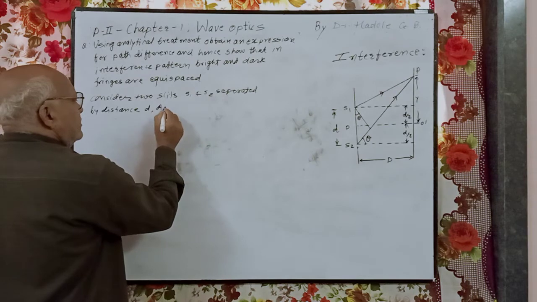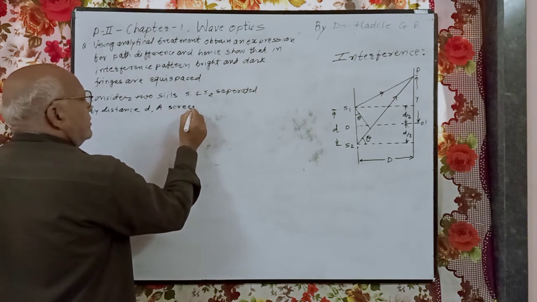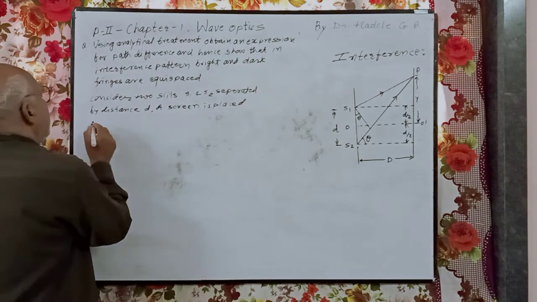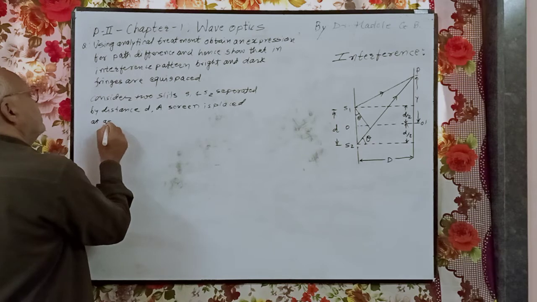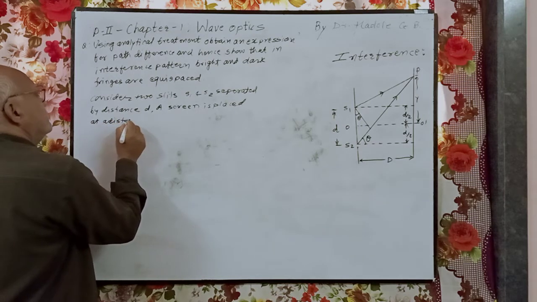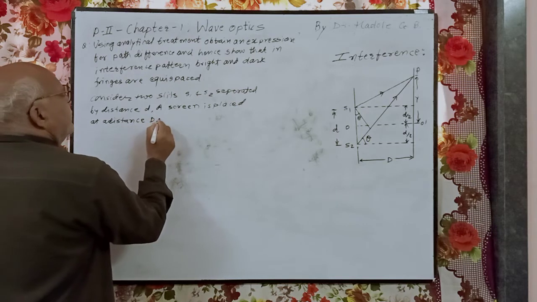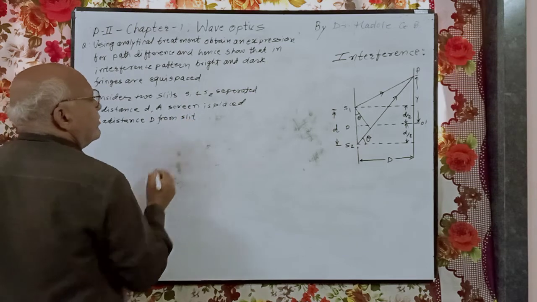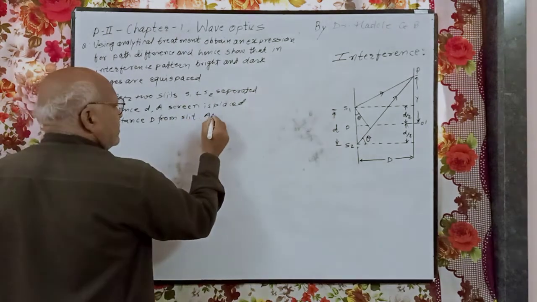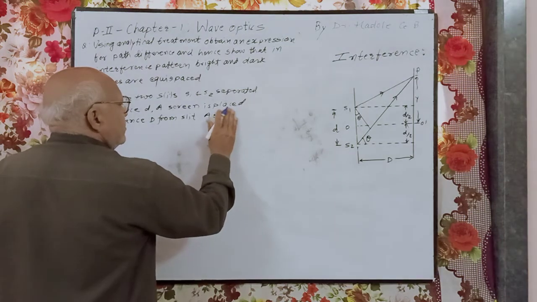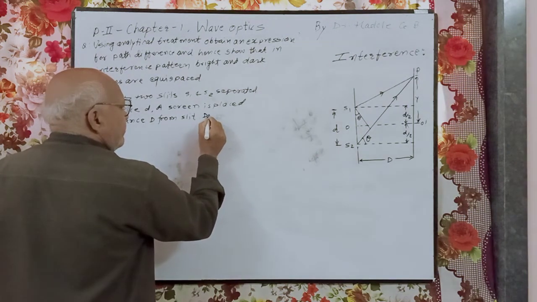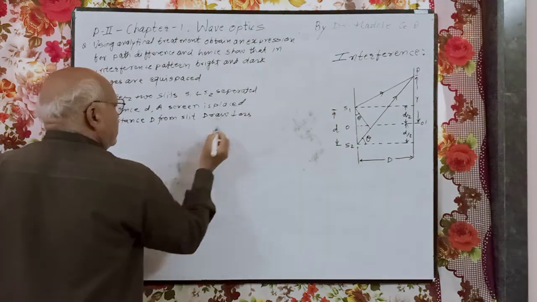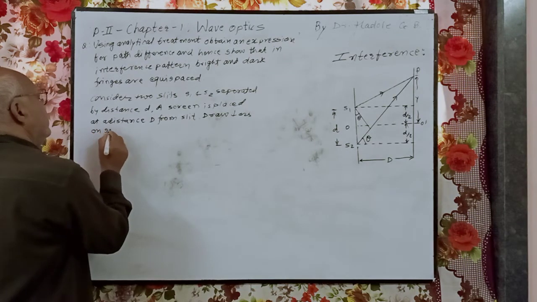A screen is placed at a distance capital D from the slits. Draw perpendiculars on the screen.